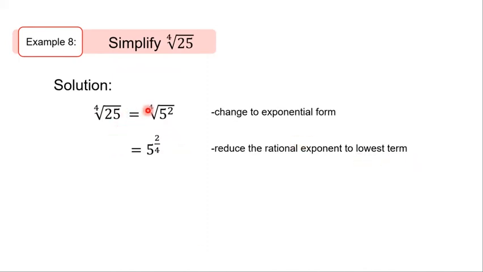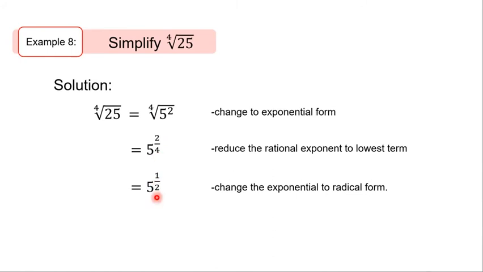So, yung 4th root of 5 squared natin, naging 5 raised to the power of 2/4. Then, reduce the rational exponent to its lowest term. Kaya naging 5 raised to the power of 1/2. So, ito na yung reduced or simplified form nitong ating 2/4.